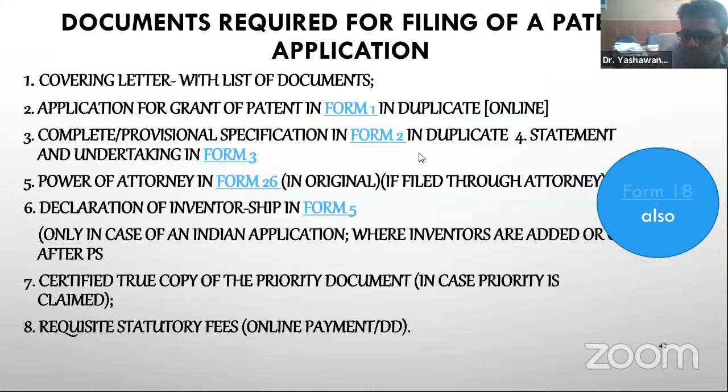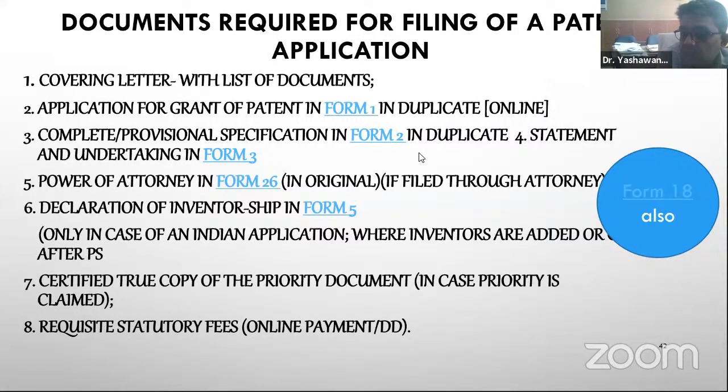If you have a chemical invention, you may have different processes or different experimental settings. If it's bio, you may have different examples or different biological material used. Those can be in a fragmented manner, a continuation manner, or a complete manner.